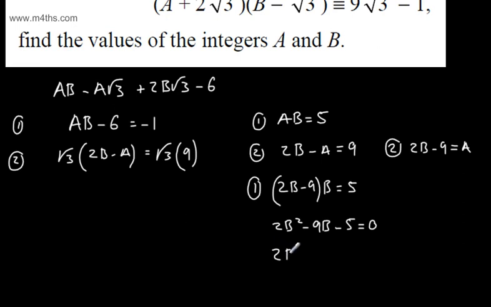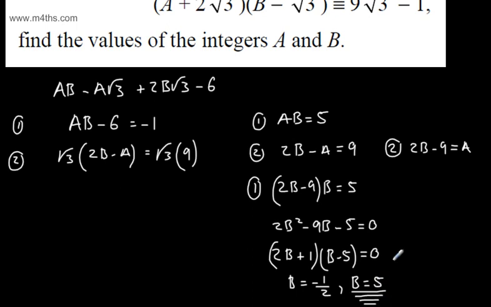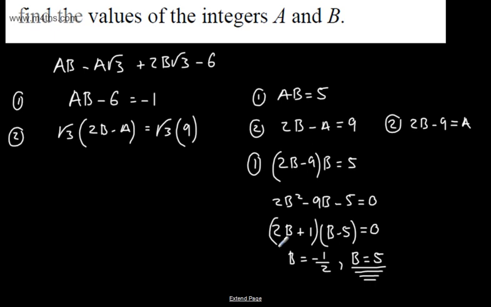So I'm going to have 2b plus 1 multiplied by b minus 5, and that will be equal to 0. So from here we could see that b would be equal to negative 1/2, or b would be equal to 5. We're told that a and b are integer values, so b must be equal to 5.